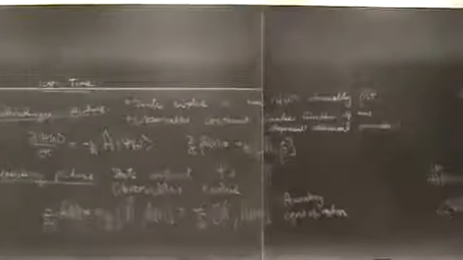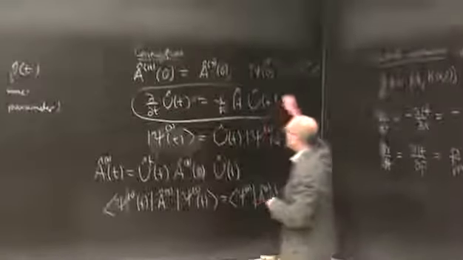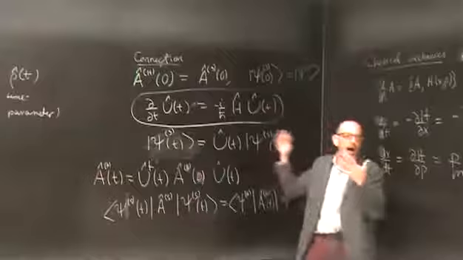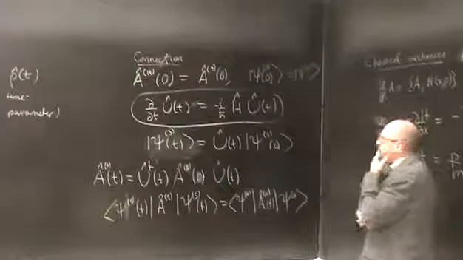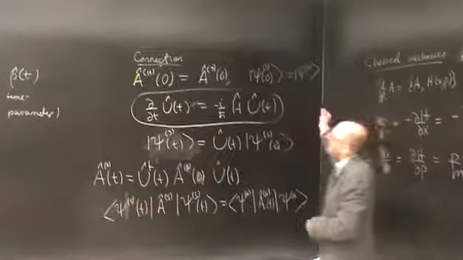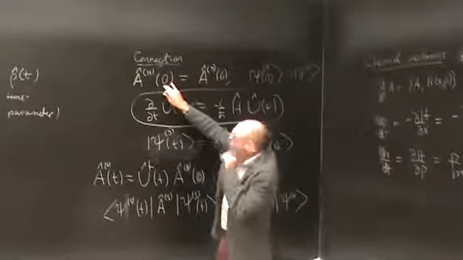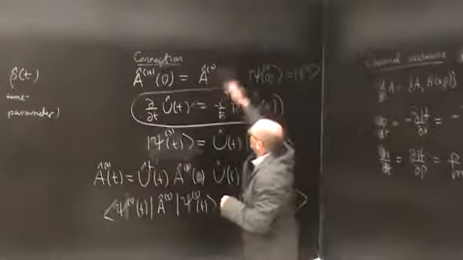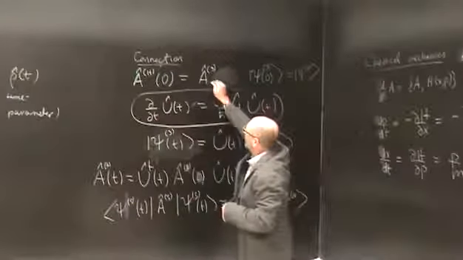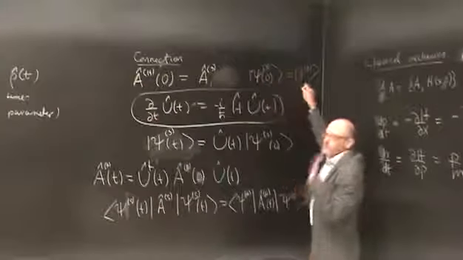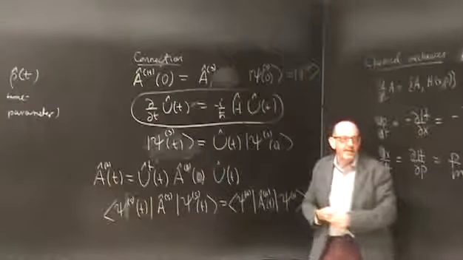The connection between these is through the unitary evolution. That's general. Whether I'm talking about the Heisenberg or the Schrödinger picture, there's a time evolution operator. And we take as the initial condition that whatever the Heisenberg operator is at time t equals 0 is the constant Schrödinger picture operator, and whatever the Schrödinger picture state is at time t equals 0 is the fixed Heisenberg state.